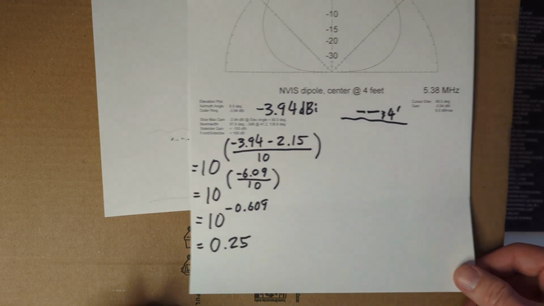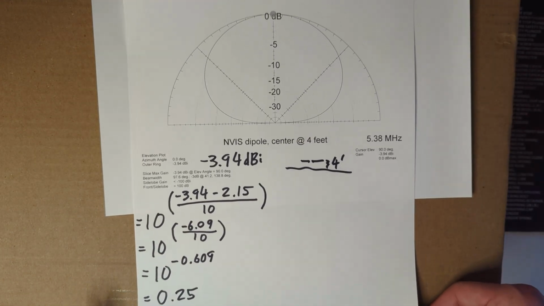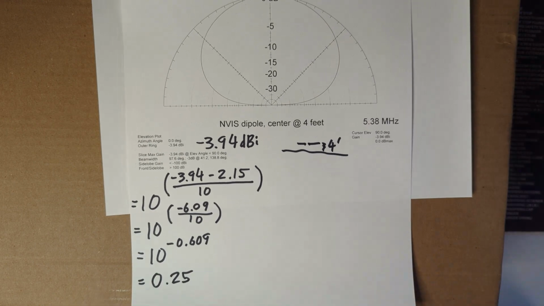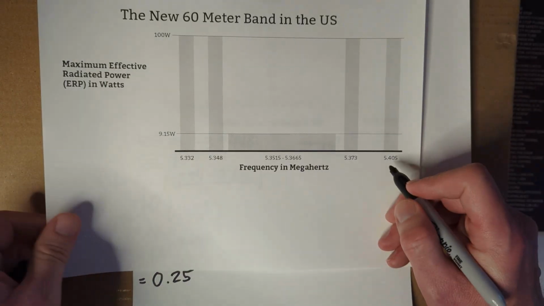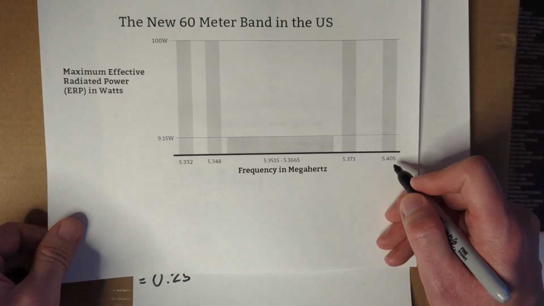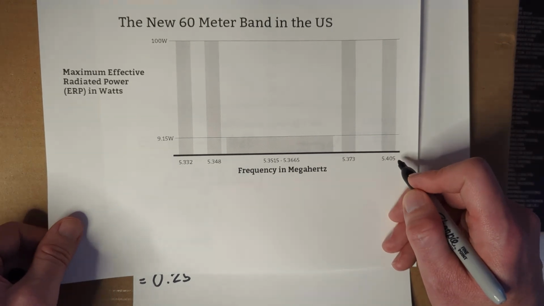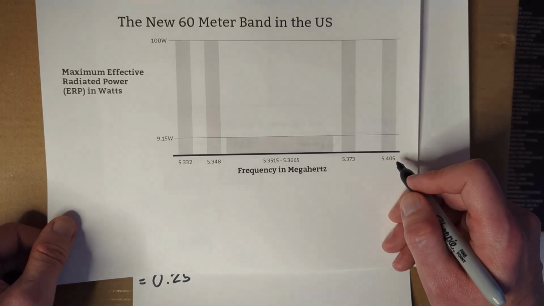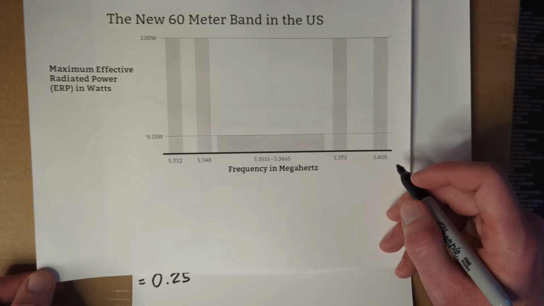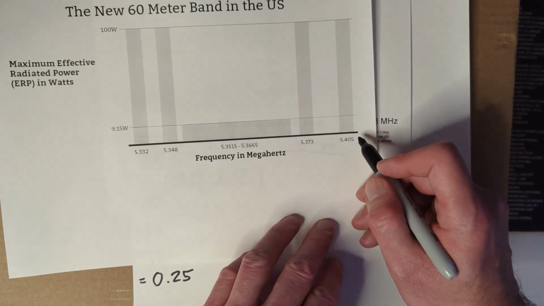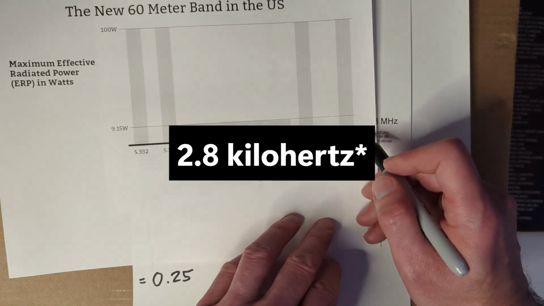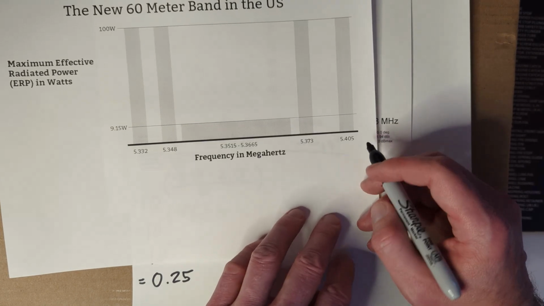So that's pretty low. So let's say that we're out there, we're doing NVIS with this low gain antenna. We're on maybe 5.45 megahertz, so that's one of the channels. And we're doing single sideband. We're going to do upper sideband because that's standard on 60 meters. Because this is 2.4 kilohertz wide, we're using a 2.8 kilohertz filter on the sideband.